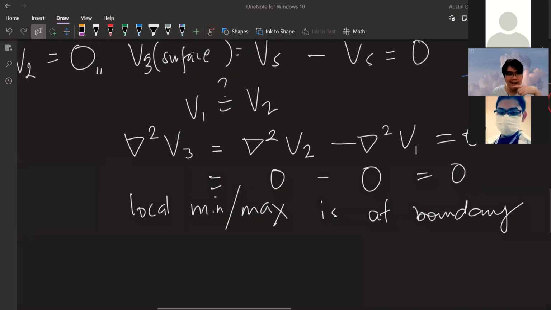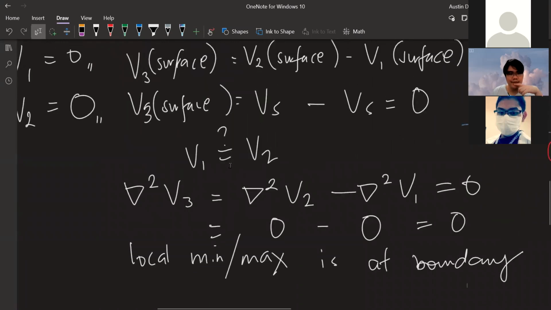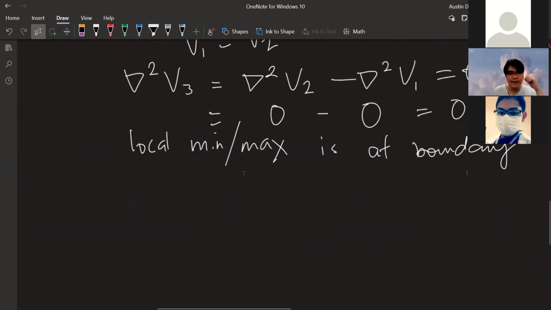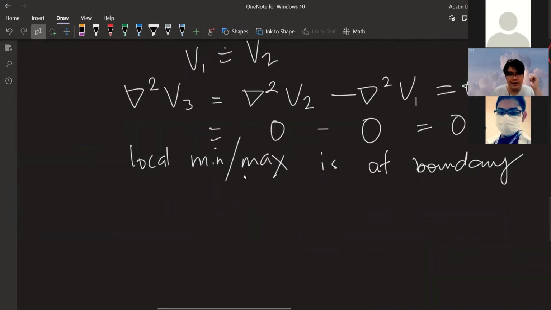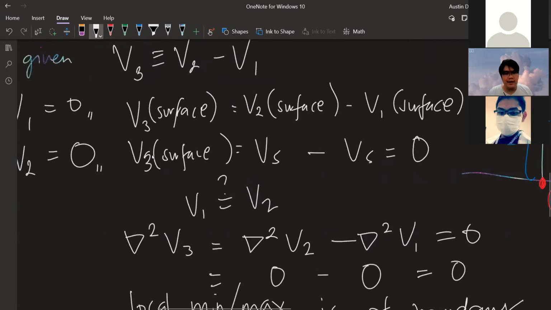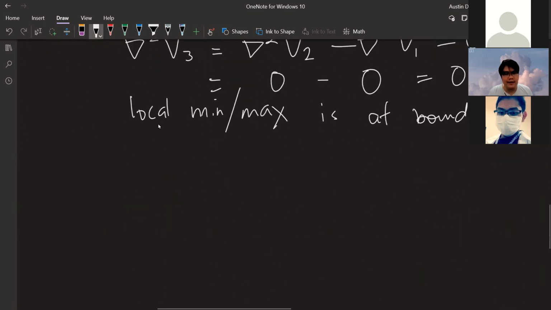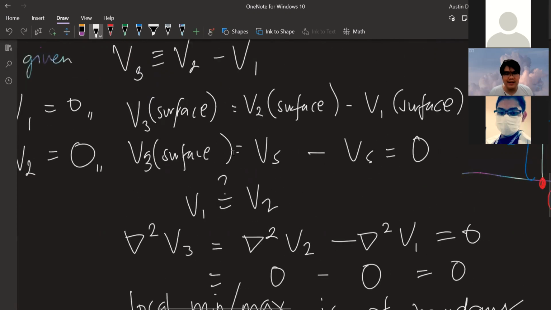Do you see where I'm getting? Kung ganon, kung nasa boundary lang yung maximum at minimum mo, then sinabi natin na yung V3 at surface is 0. Diba? Na-compute natin? 0 siya.